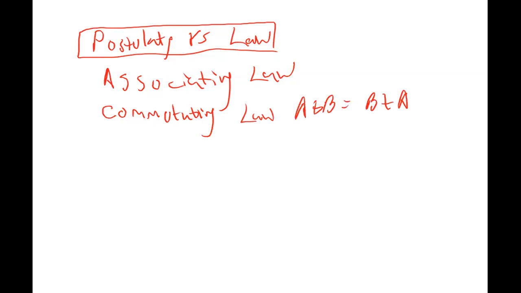Nobody seeks to prove it because it's a feature of the algebra. And if you were to say that that feature no longer works, well, then the algebra as you know it would be fundamentally changed. It would not be the same algebra.